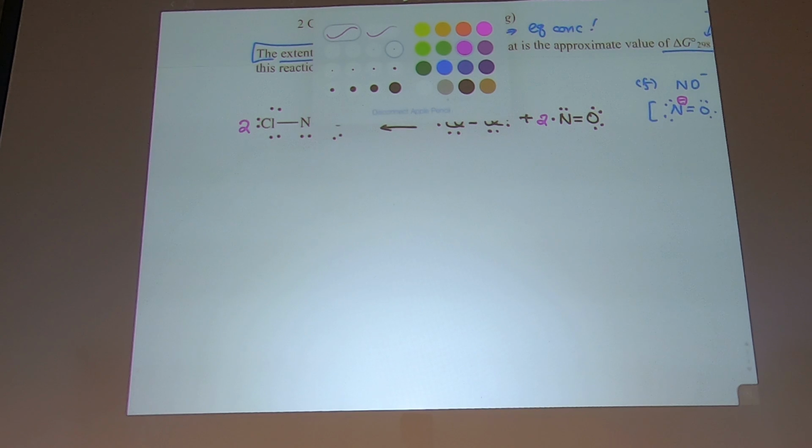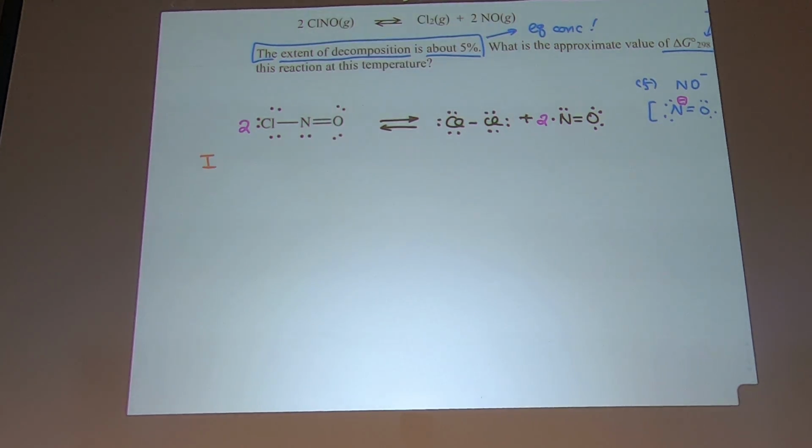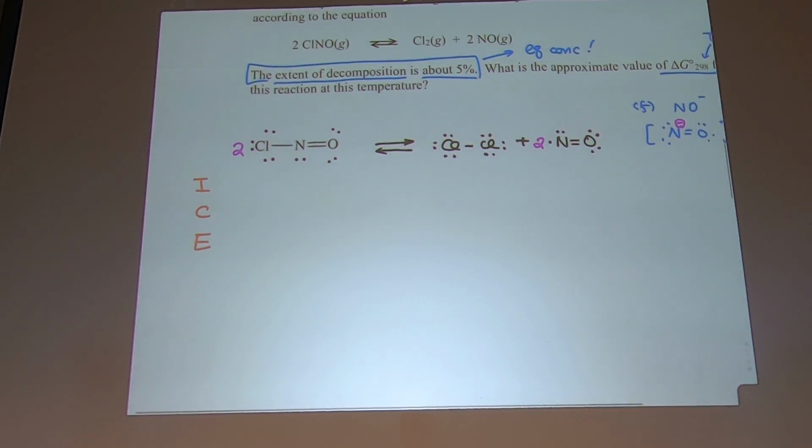Then I am going to do the following. So let's do this. I means initial, C means change, and E means equilibrium. Initially, all I have is this statement, so keep that in mind. But I'm going to do the things in a much simpler way. In the beginning, I'm just going to pick the usual easy concentration.